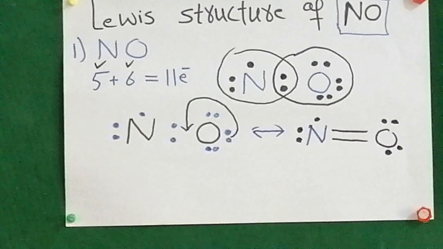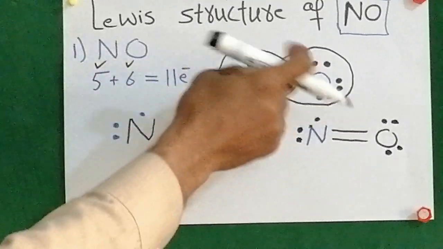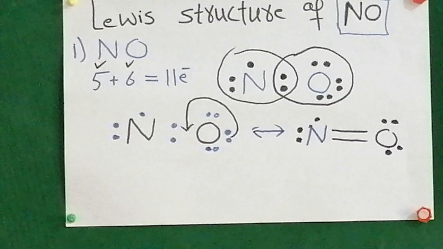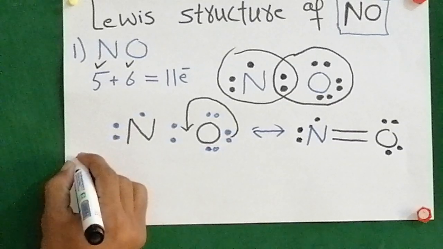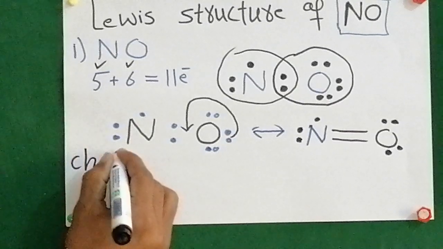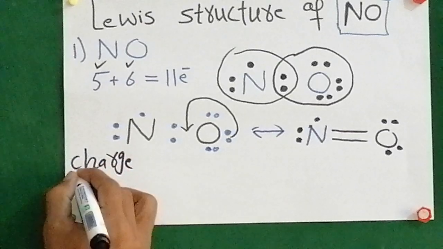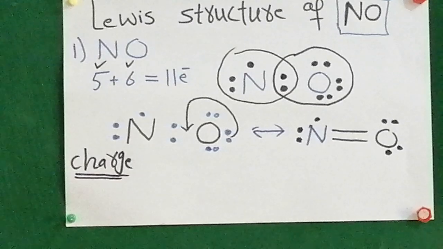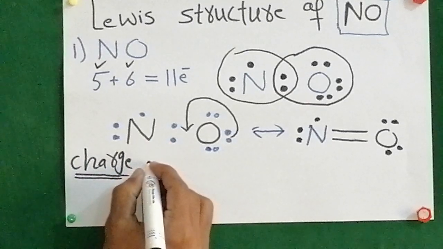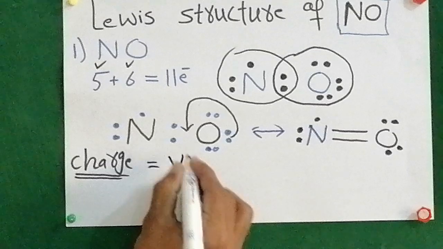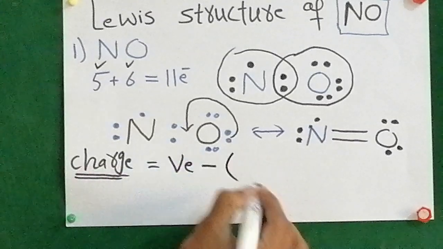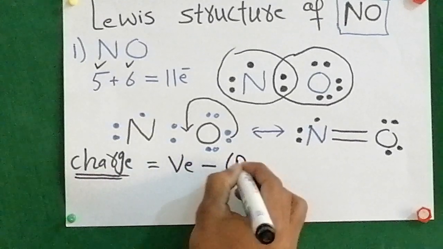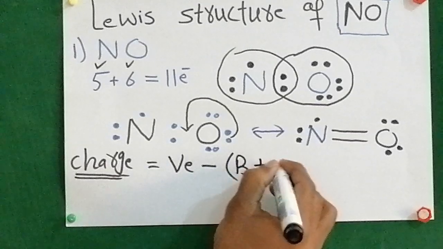Just first of all you have to determine the total number of electrons, then you have to distribute the total number of electrons between these atoms, and the last thing is to determine the charge. Next is the determination of charge, and for this purpose I am going to provide you a trick: valence electrons minus bonds formed between atoms plus dots.